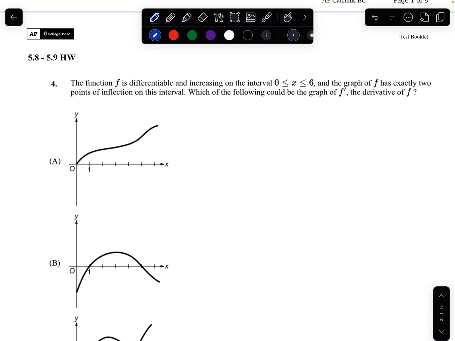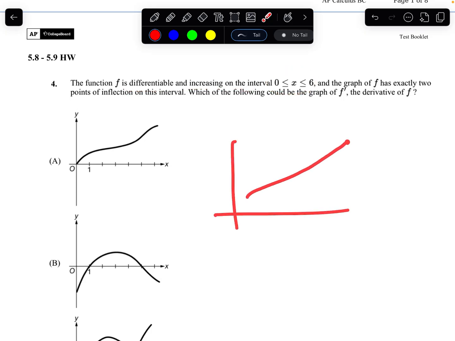All right, for number 4. The function f is differentiable and increasing on the interval from 0 to 6. So that means f is always going up. The graph of f has exactly 2 points of inflection on this interval. Which of the following could be the graph of f?